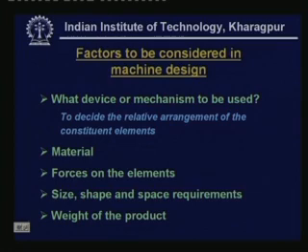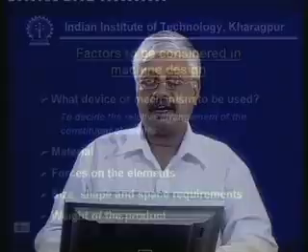The size, shape and space requirement are interconnected with material and force on the elements. Suppose you have a material of lesser strength, its size increases. That means the choice of material gives you the idea of the size, either oversize or undersize.